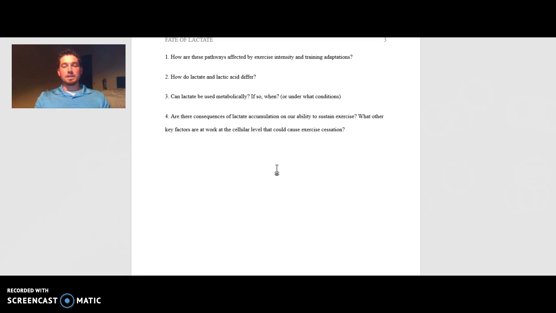So not only as exercise intensity goes up are we going to be needing more energy, but we're actually going to be using more energy trying to convert the lactate. So it's like a doubling effect, meaning that we're probably going to tire much quicker because of lack of energy as well as acid buildup.